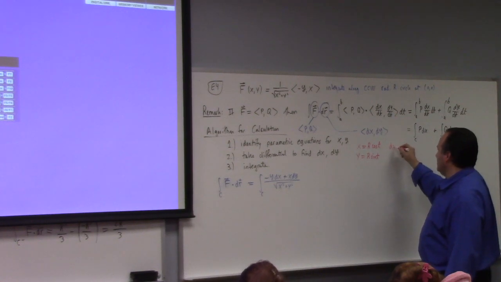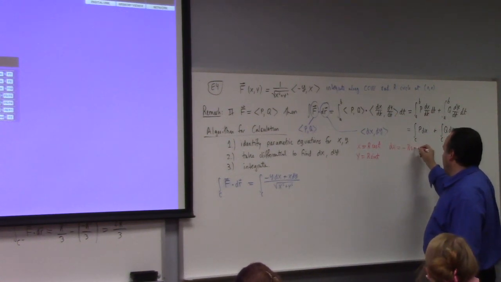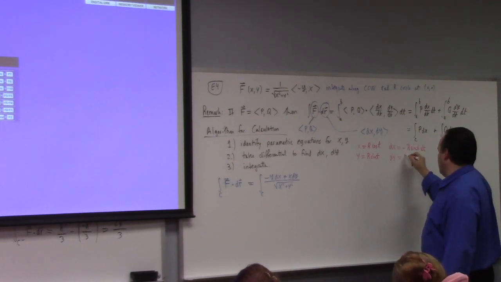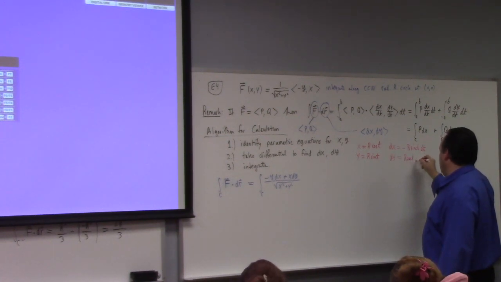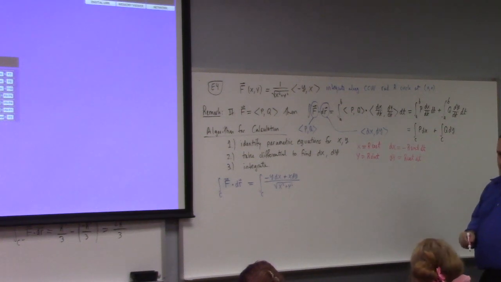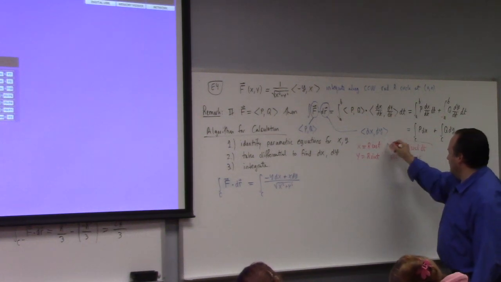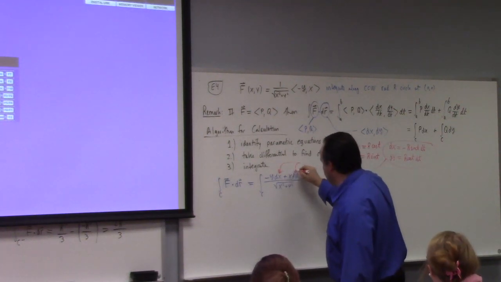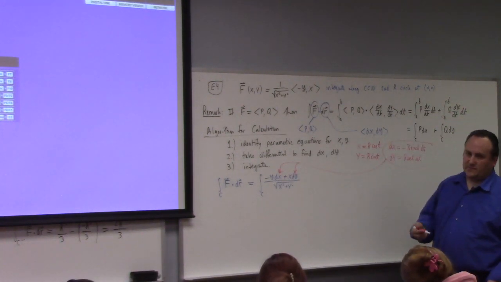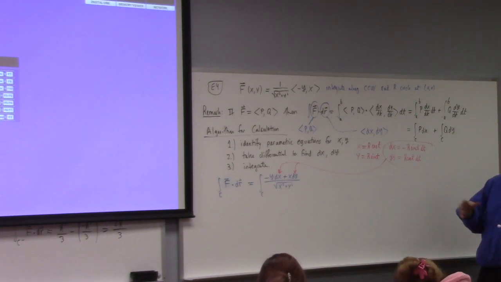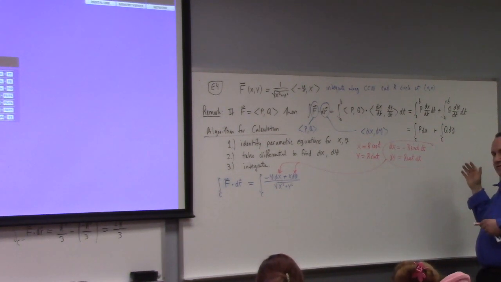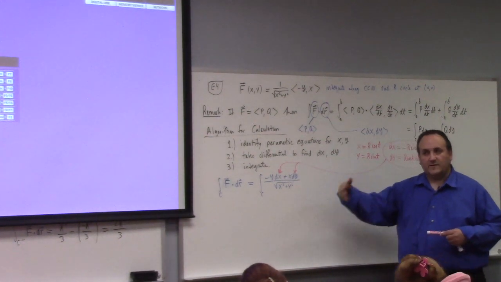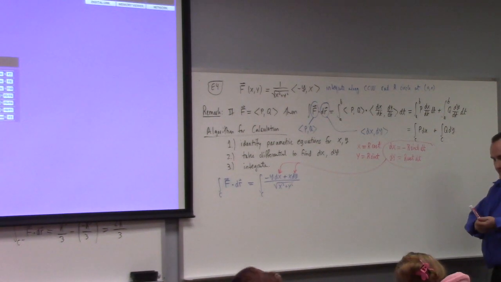Well, you got dx is minus r sine t dt, and dy is r cosine t dt. And so you literally take these and plug them in to the differentials. And what's the rest of the rules of this game? You plug in the parametric equations into the formula as well, and then you integrate over the given domain.